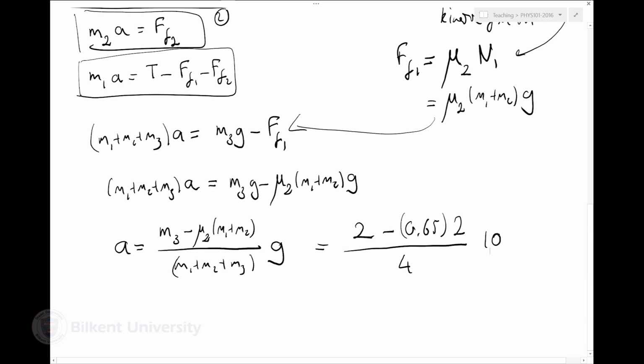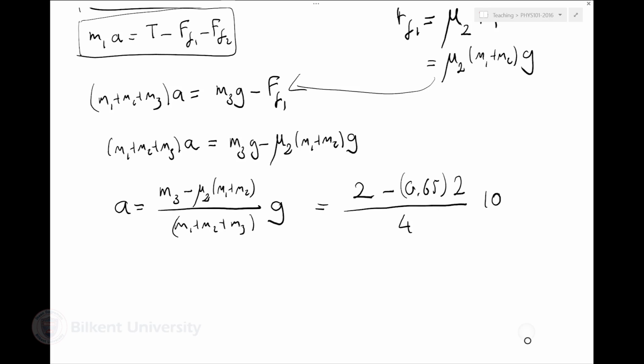So let's see what this gives me. I think I can write this as 0.35 times 5, right? So it's going to be 1.75 meters per second squared.